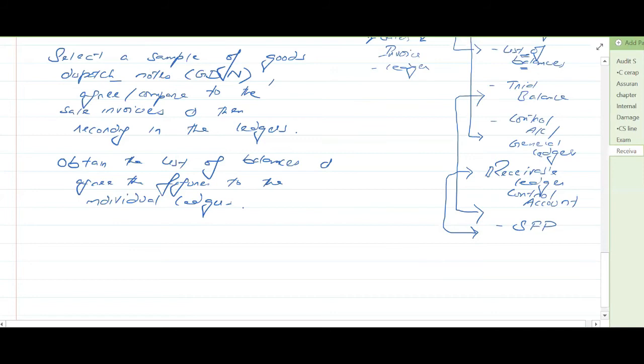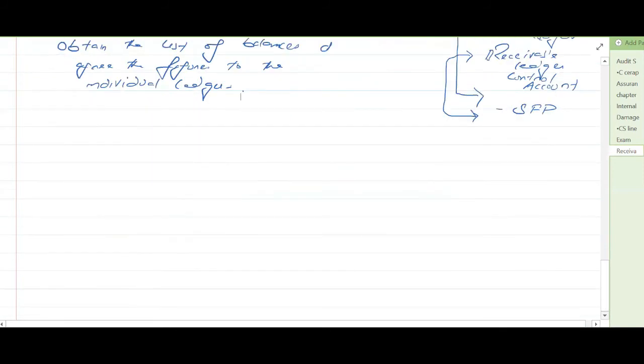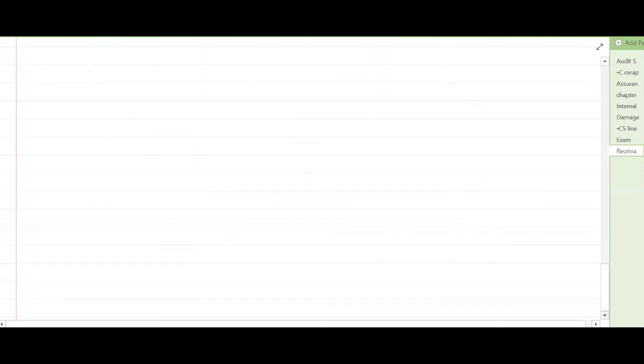And now we'll be moving towards the last thing, which is rights and obligations. Now here we are going to confirm that the receivable which is recorded by the management is owned by them. They own that balance. Now how can we confirm this?